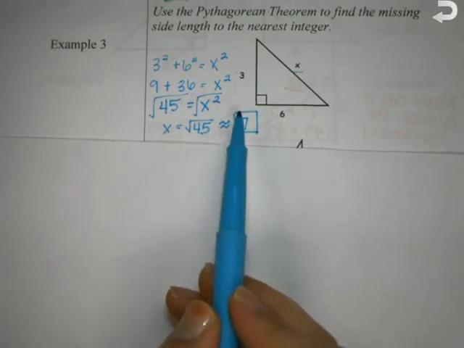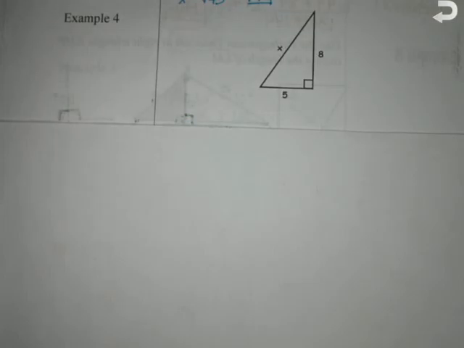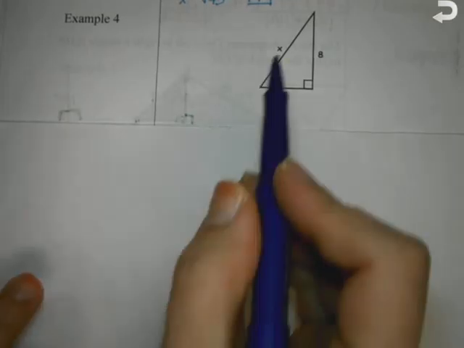Number 4, what do I need to do first? Darren, what do I need to do first? I take the legs and I plug them into the Pythagorean theorem. Noah, what's one of the legs?